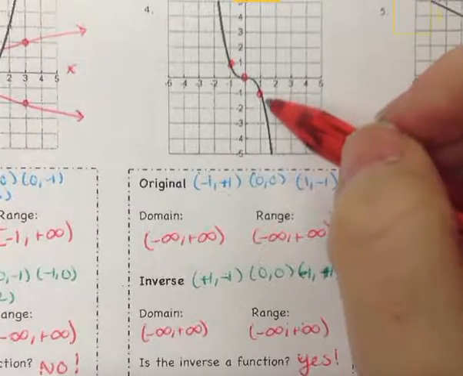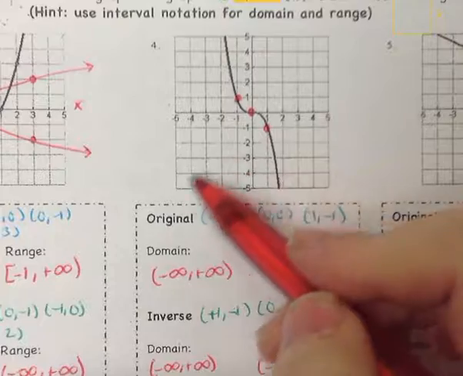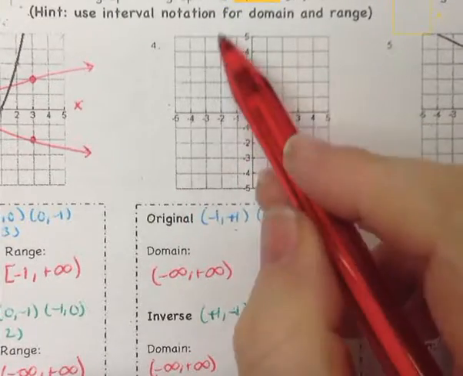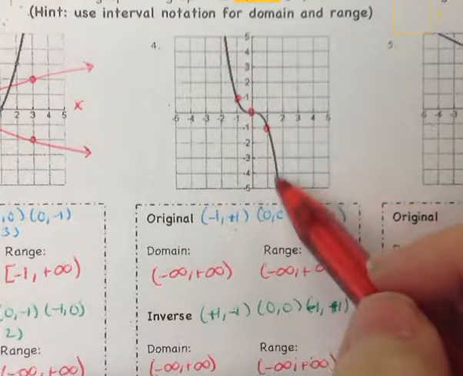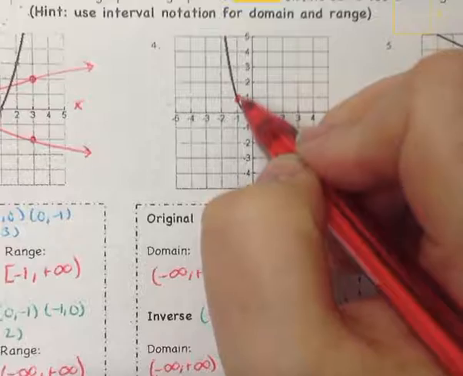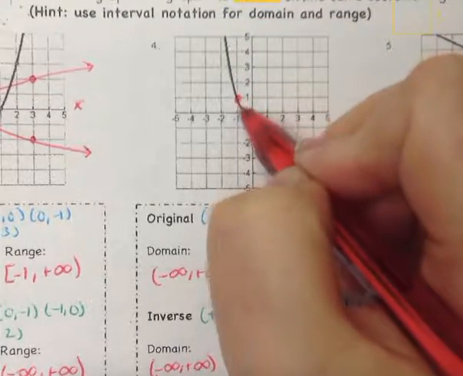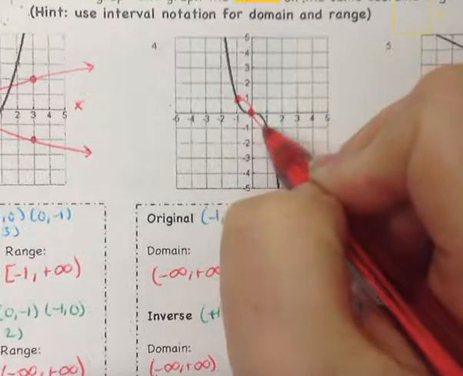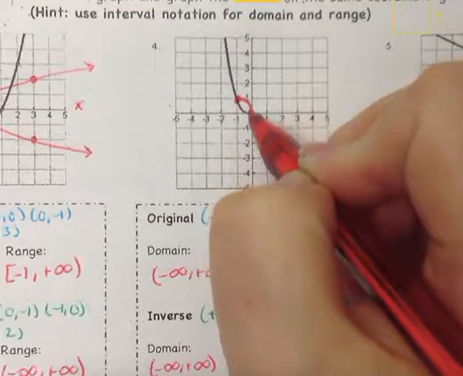But if we remember, it has to cross that y equals x. The inverse of this is going to be, this is a cubic. The inverse is a cube root. So when we connect these, it will actually go in the opposite direction. So instead of it curving down, it'll curve around. Then it'll curve this way, because they have to inverse each other.